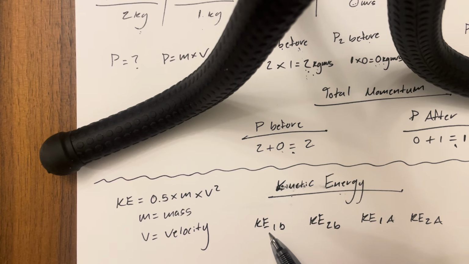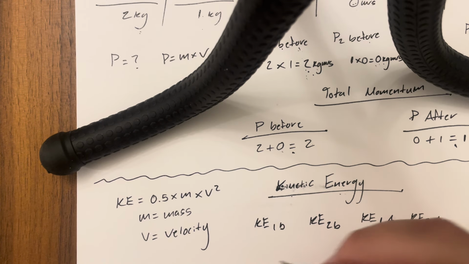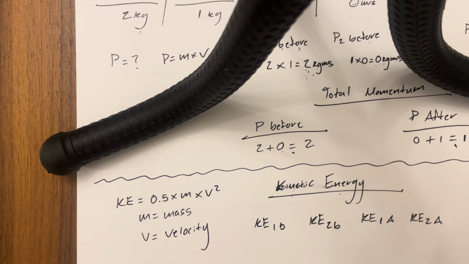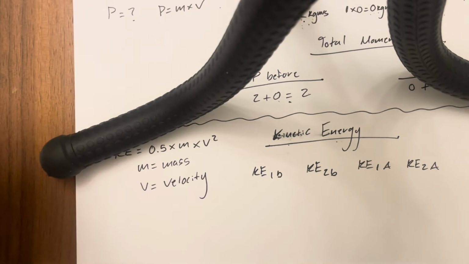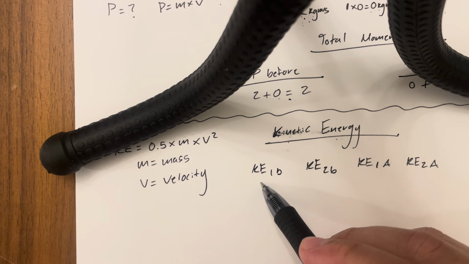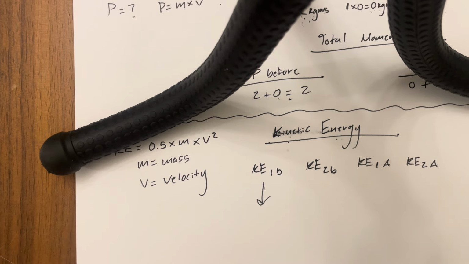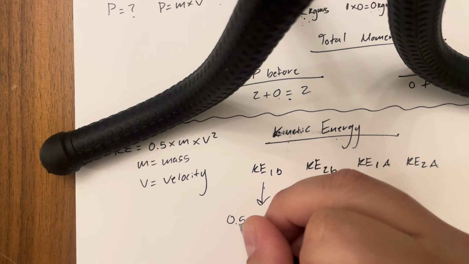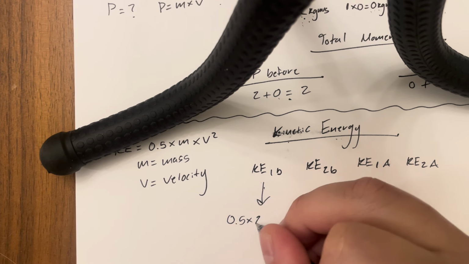So if we look back up at the top, mass 1 was 2 kg. I'm going to write out the whole thing. Let me get a little more space. For this one, let's go 0.5 times the mass, and if we remember, looking back, mass 1 was 2.